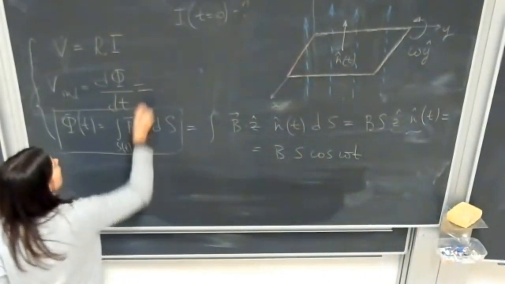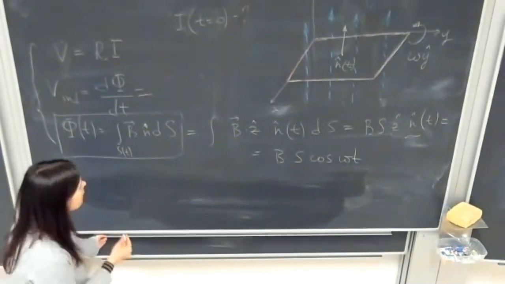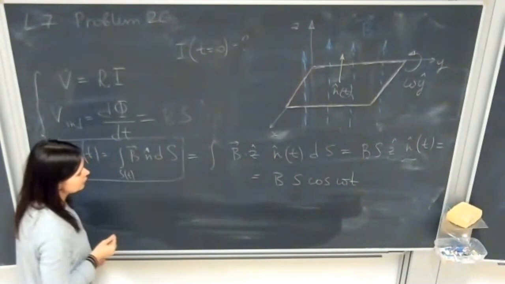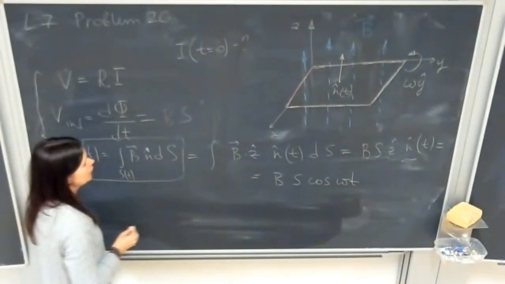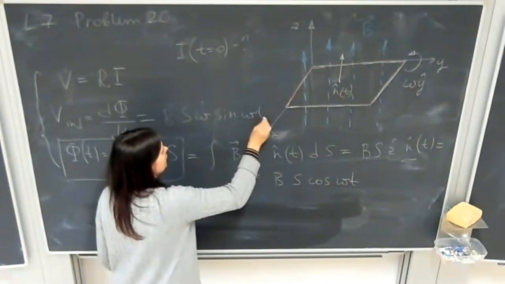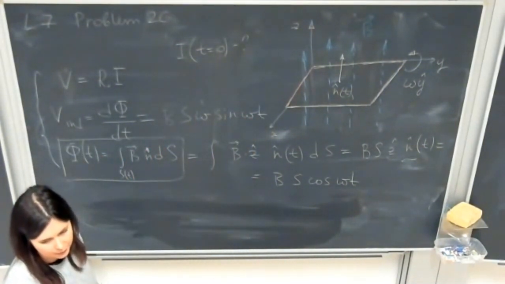Just write it here. Okay, so it's a time derivative of the flux. So B and S are constants, and then cosine omega t, and omega and minus sine omega t would be the time derivative.